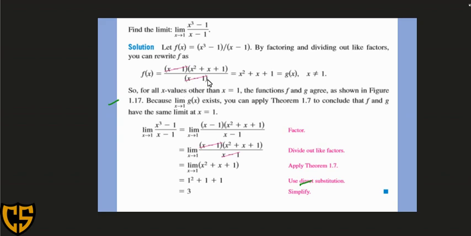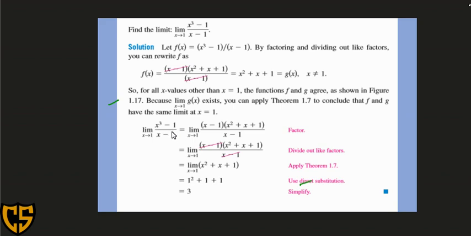So the best way is to factor our equation first. We are going to factor the numerator by long division or by synthetic division. So you are going to perform the division here so that we can factor.